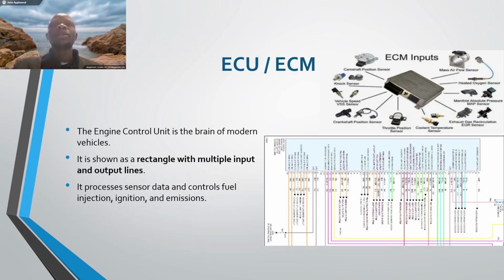We have ECU, or ECM. As you have seen in the sensors, all the sensors will send the signal to the ECU or to machine control, or it might be body control or battery control. So the ECU is the engine control unit, the brain of the modern vehicle engine and other related parts.